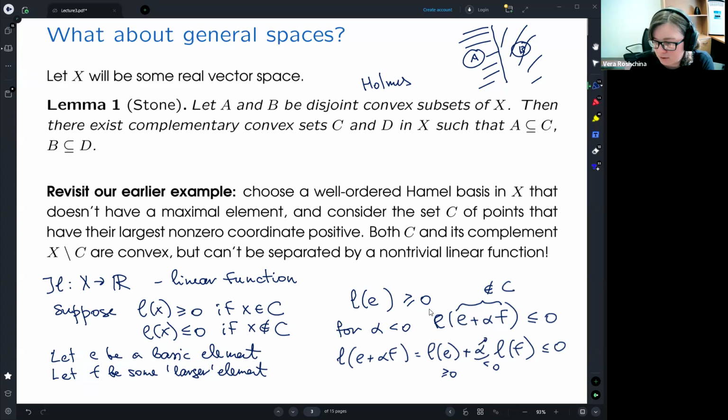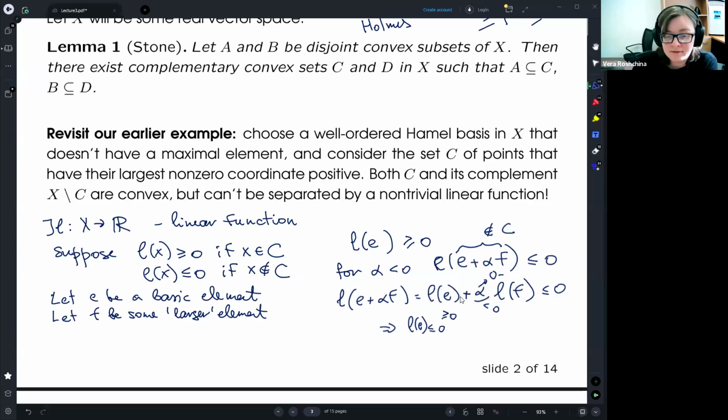So if I let alpha go to 0, negative, but going to 0, then I have to have L of E less or equal to 0, right? So on any basic element, the value of this functional is 0. So it's just a trivial functional, right? It's just 0. So we can't separate these two sets by a non-trivial linear function.